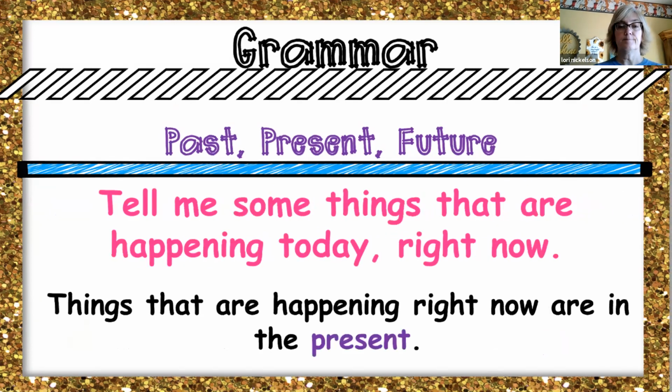Okay, tell me some things that are happening today, right now. I went outside to take my dog out. I ate breakfast. I got dressed. I made my bed. So those are things that are happening right now, in the present.